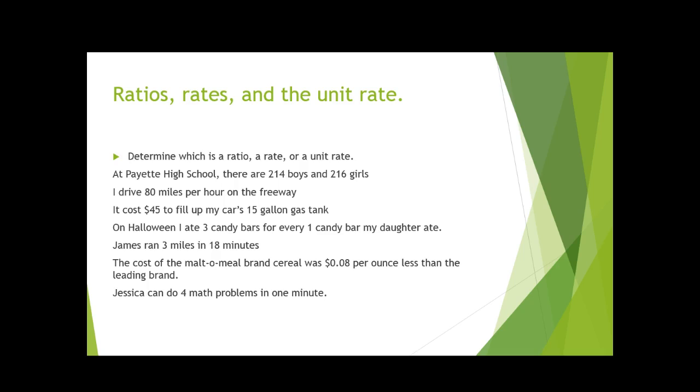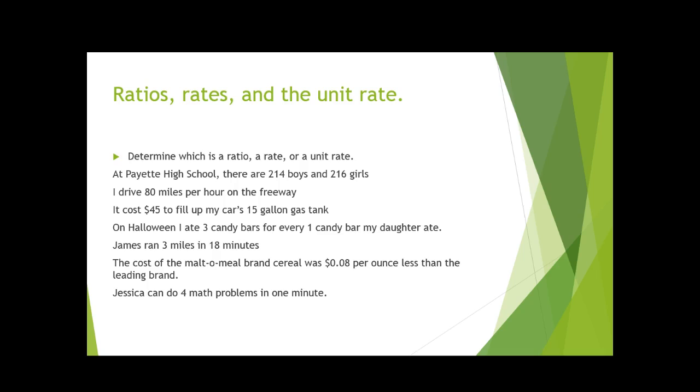Those are ratios. A rate is something that compares two things with different units. So for example, 80 miles per hour, you have miles and you have hours, and you're comparing those two things. That's a rate. A unit rate is a specific rate that always has a denominator of 1. So with that in mind, number 1 is a ratio.